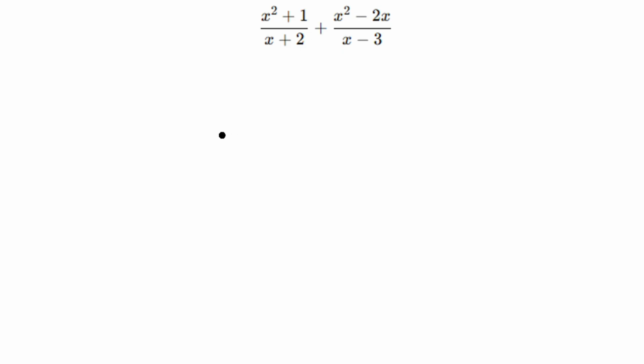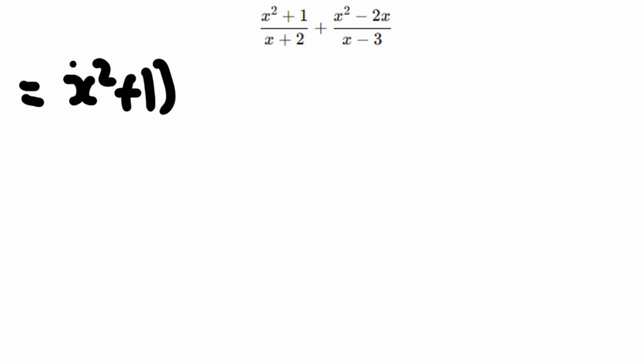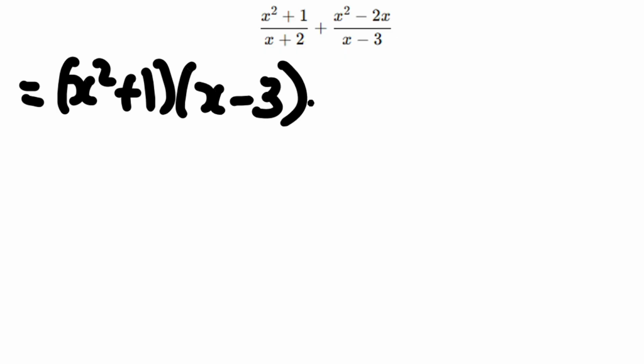Let's try this one. It's getting tougher, right? So for this same thing again, the numerators, right? You multiply the numerator of the first one, x squared plus 1, by the denominator of this, that becomes x minus 3. The sign is a plus.